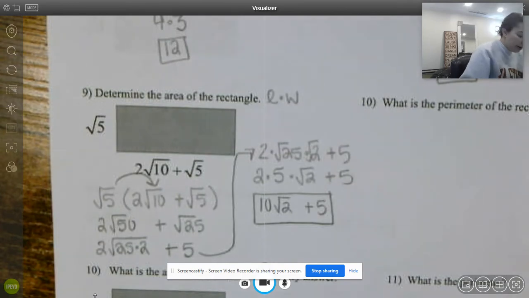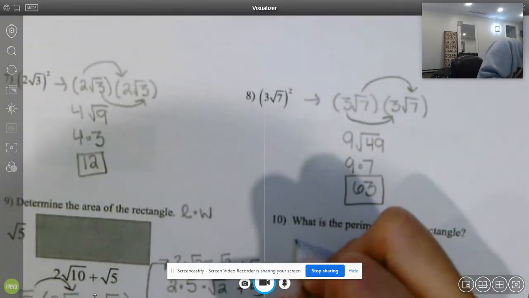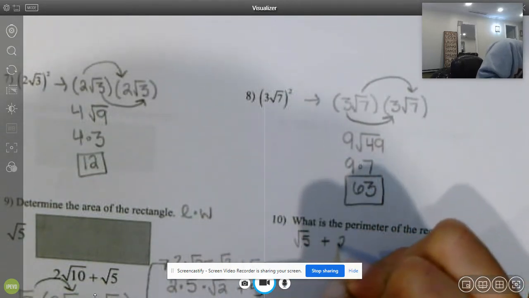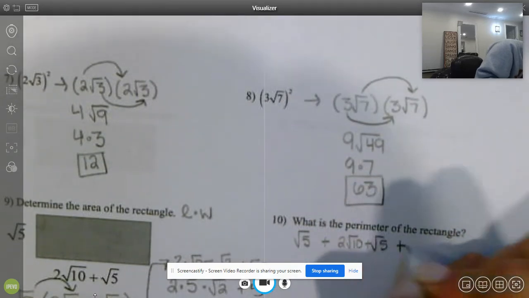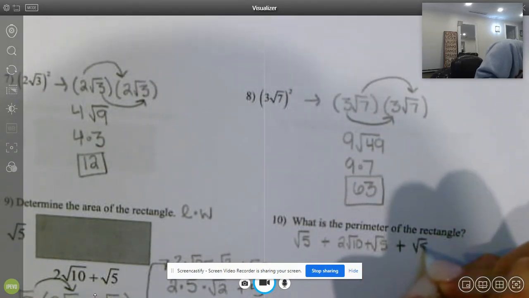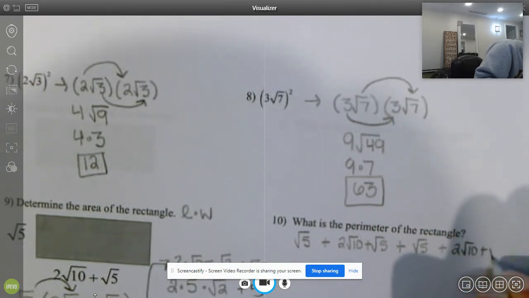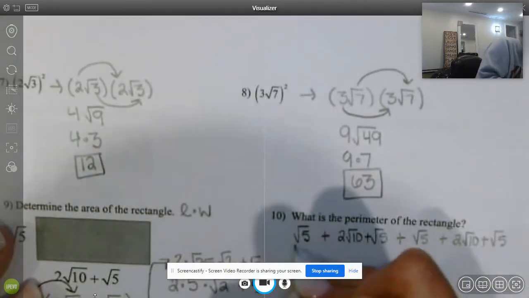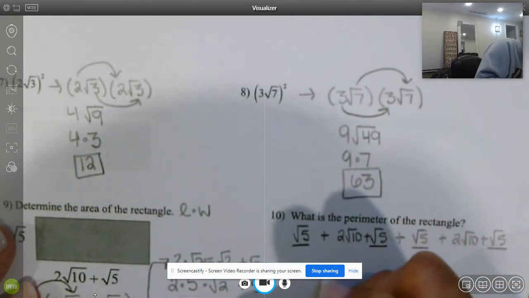So when we talk about the perimeter, the perimeter is adding up all of the side lengths. So that is the square root of 5 plus 2 root 10 plus the square root of 5, plus the square root of 5 again for the other shorter side, plus 2 root 10 plus the square root of 5. Now, if you take a look, we have 1, 2, 3, 4 square roots of 5.